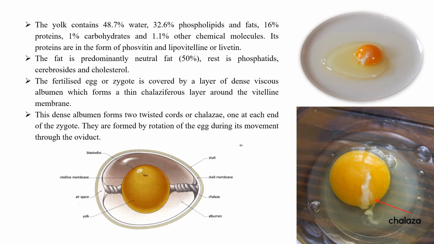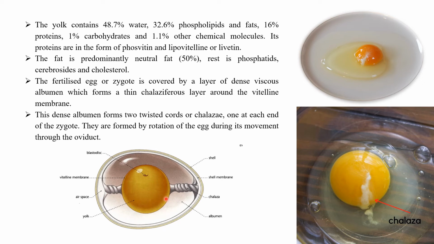The yolk, you can see here, the yellow structure is the yolk. And this yolk is highly nutritious and provides all the required nutrients for the developing embryo during the development.